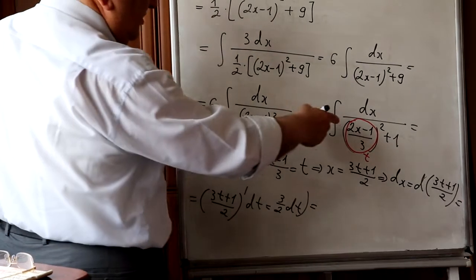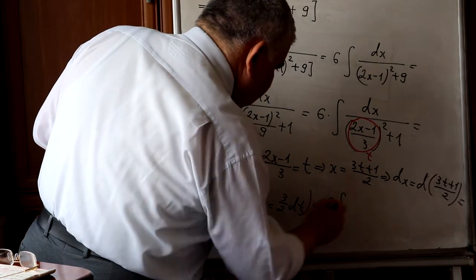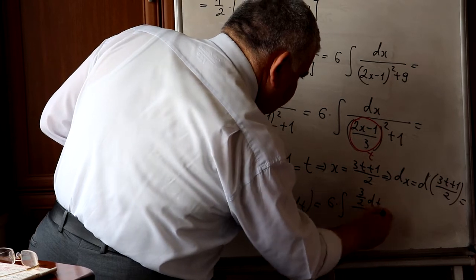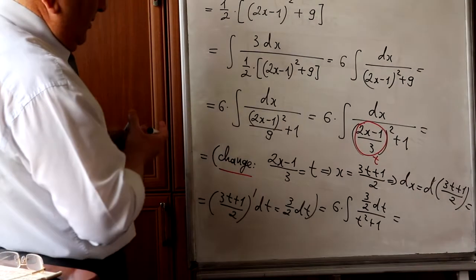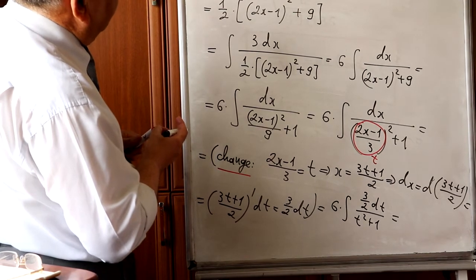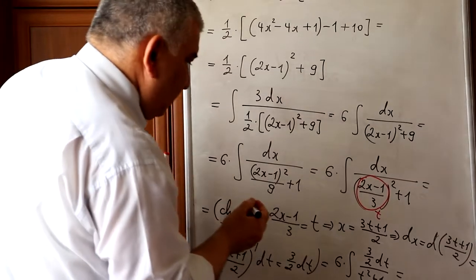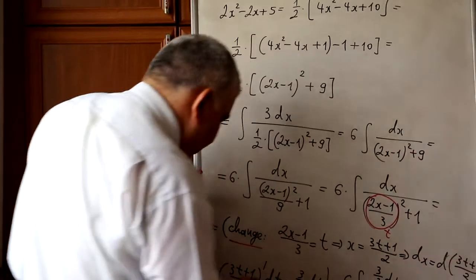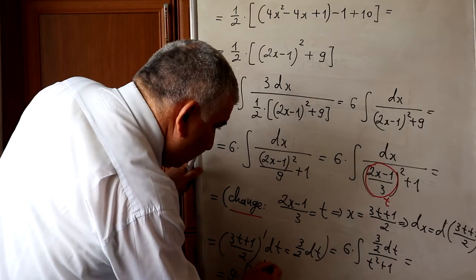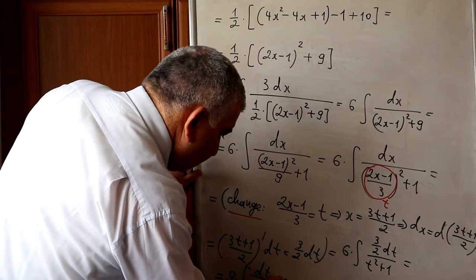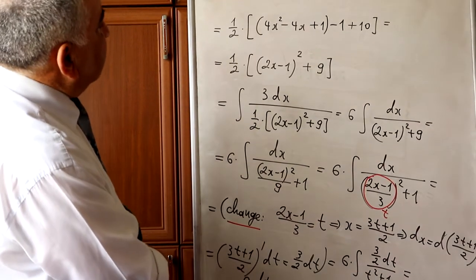Then use this change in the last integral. 6 multiplied by 3/2 dt over t squared plus 1 equals 9 multiplied by dt over t squared plus 1 equals.